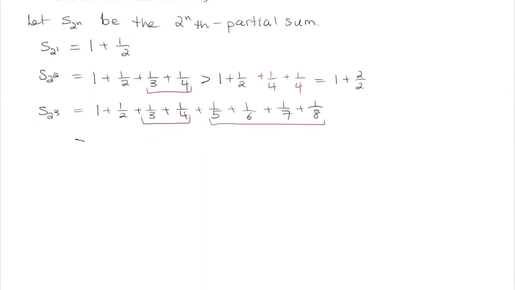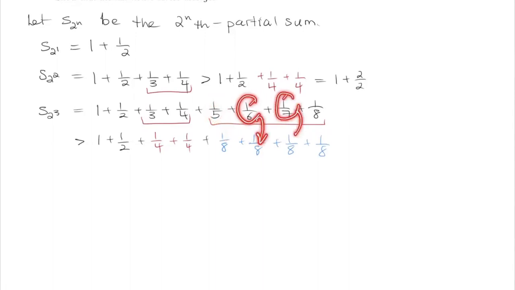I'll use a different color. This is greater than 1/4 plus 1/4, and then plus 1/8 plus 1/8 plus 1/8 plus 1/8. Because clearly, each of the terms here, 1/5 is larger than 1/8, 1/6 is larger than an eighth, 1/7 is larger than an eighth, and this one doesn't really matter.